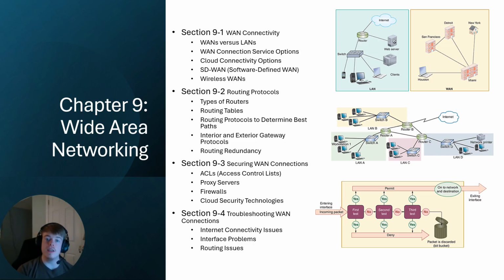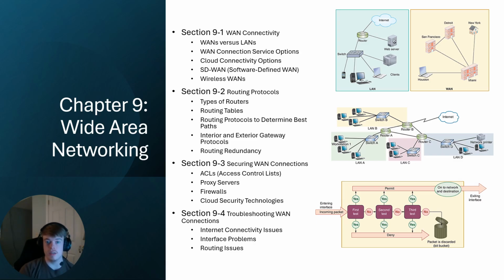Interior and exterior gateway protocols determine what's let in and out of the WAN and how the WAN interacts with others and how it interacts with devices within it. It also talks about routing redundancy and how that's achieved on WANs.